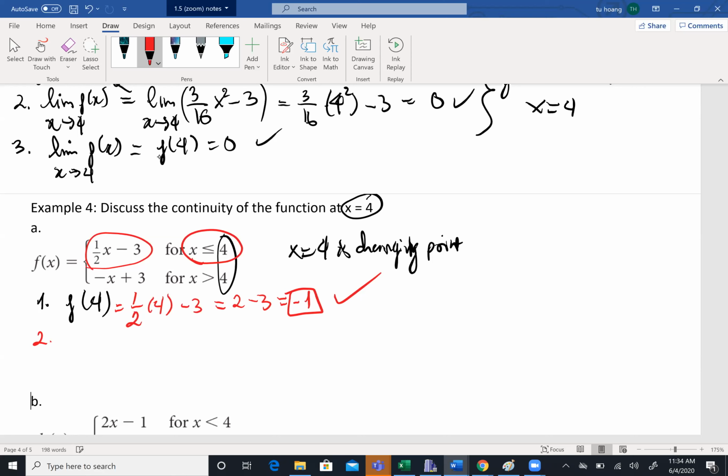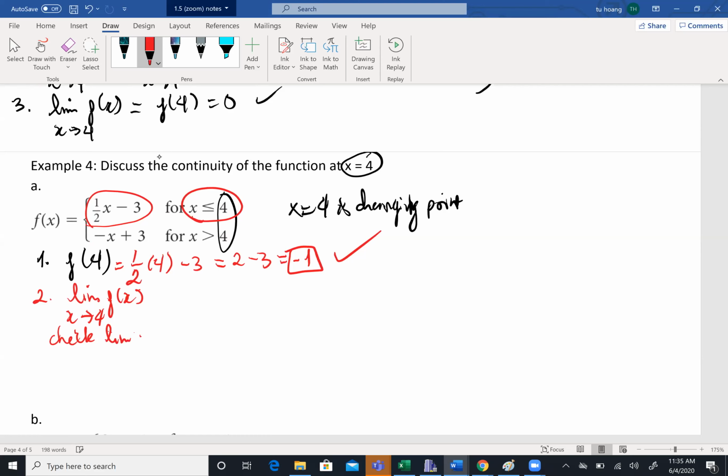Second one, you're gonna check the limit of f of x when x goes to 4. This is a piecewise function, and x equal to 4 is the changing point. Then you need to check the left hand side and right hand side. When x goes to 4 from the left hand side, which is less than 4 and approaches 4, you will have to apply the first part.